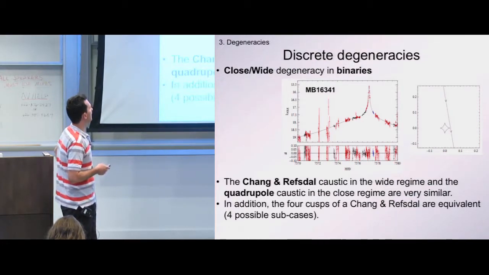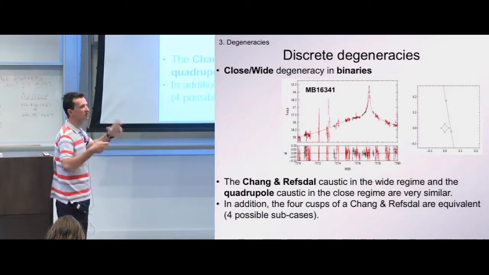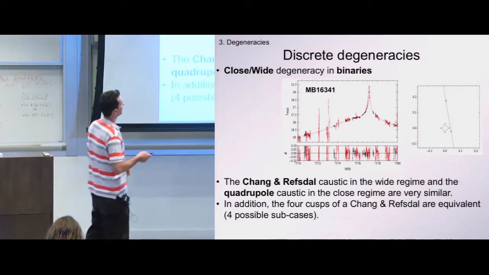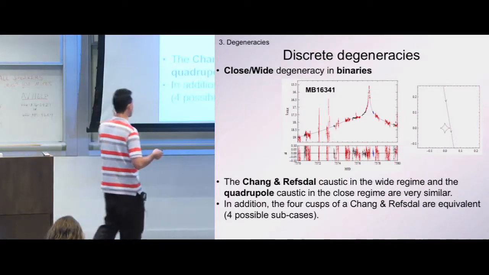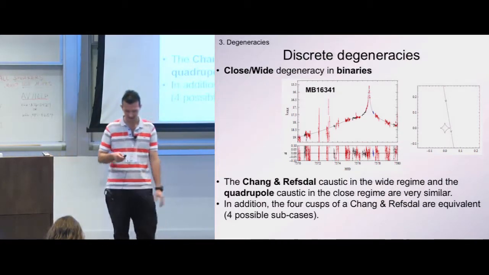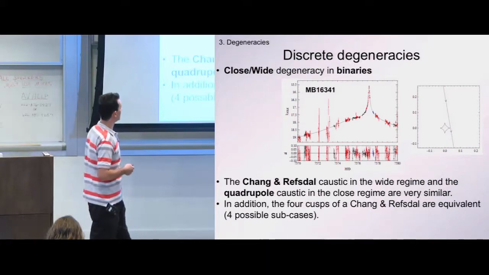In this case, the light curve will show 2 bumps, or 1 bump and a shoulder. In practice, you can reproduce the same light curve with trajectories grazing 2 cusps in any possible order. So in principle, you have 4 possible cases in the wide regime and 4 possible cases in the close regime. So you have many, many possible minima.